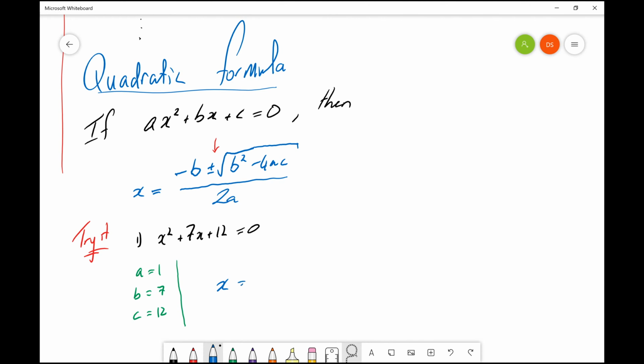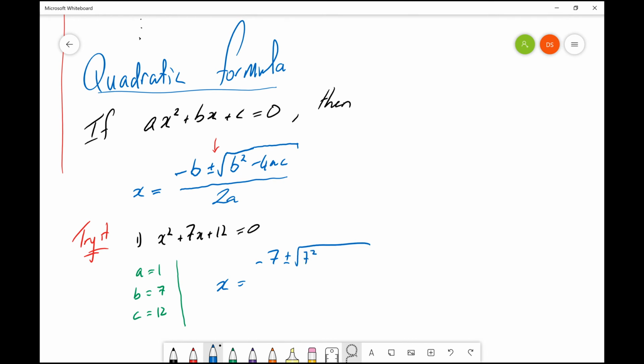Okay, negative b, so negative 7 plus or minus the square root of 7 squared, which is 49. I might just write 7 squared for now.